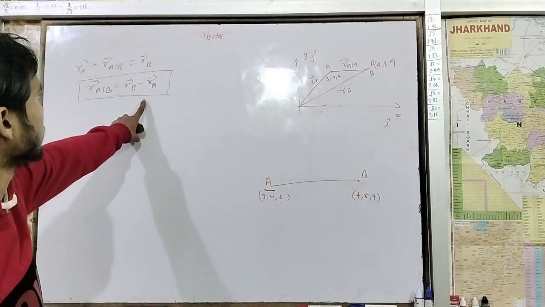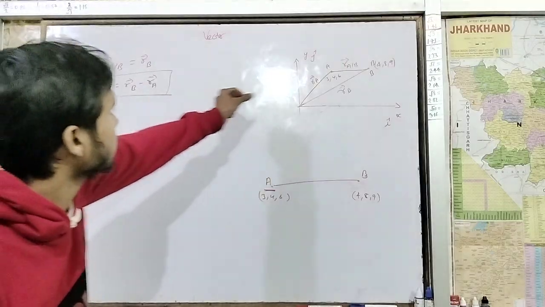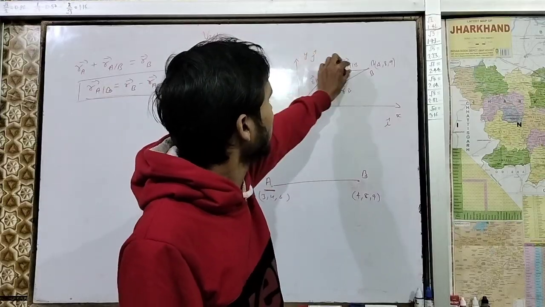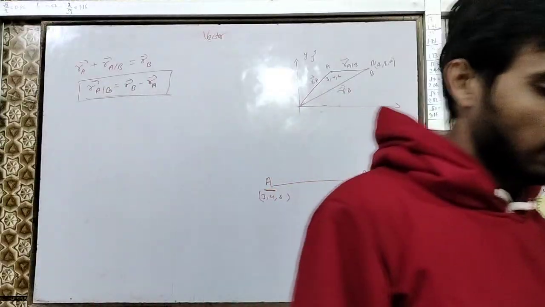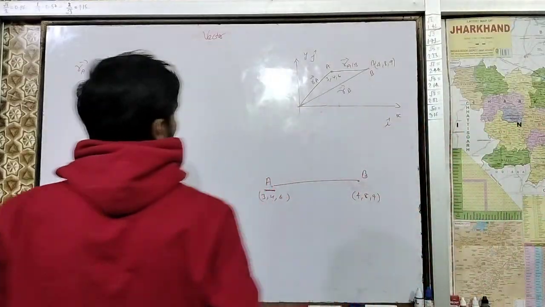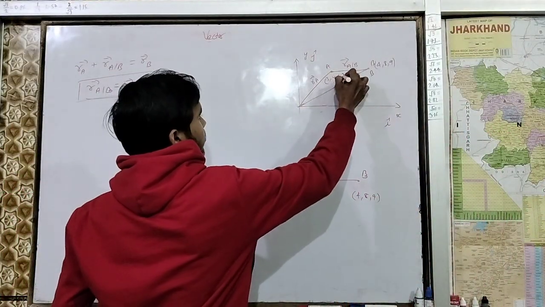When you use this equation, you will get this displacement from the coordinates of A and coordinates of B. Now let's say the coordinates are 3, 4, 6.